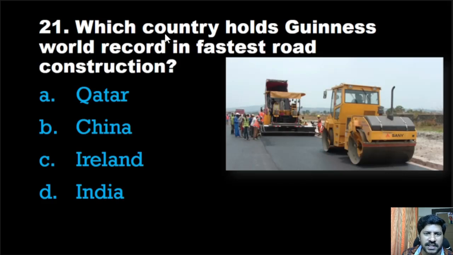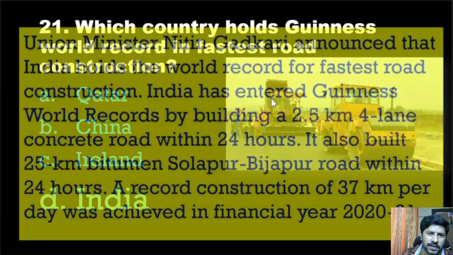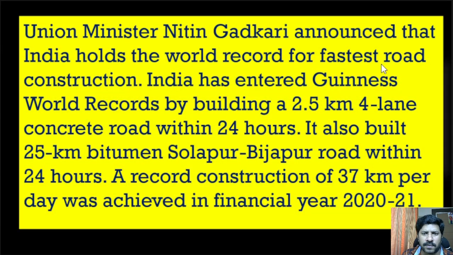Twenty-first question. Which country holds the Guinness World Record in fastest road construction? Qatar, China, Ireland, India. Correct answer, India. Union Minister Nitin Gadkari announced that India holds the world record for fastest road construction.